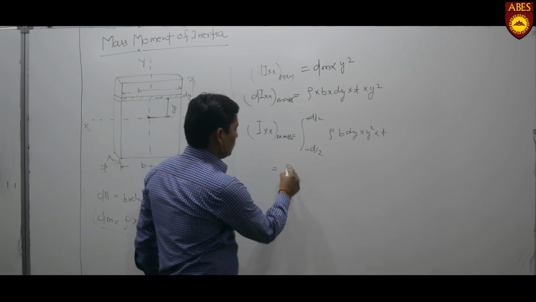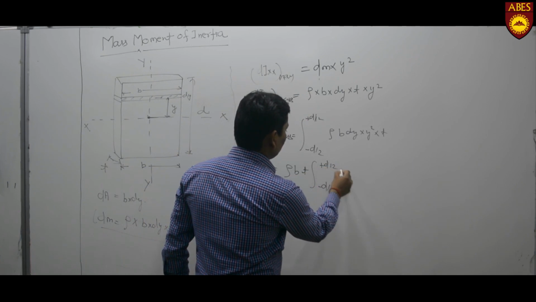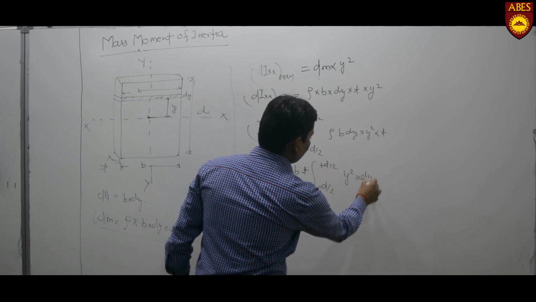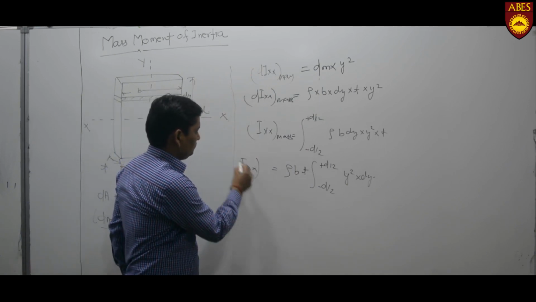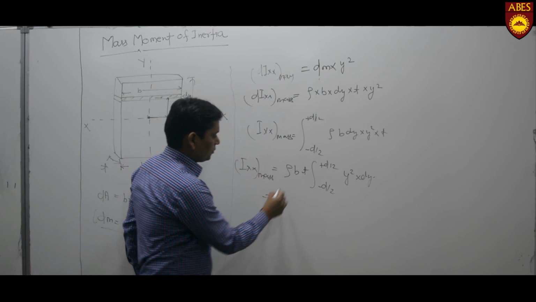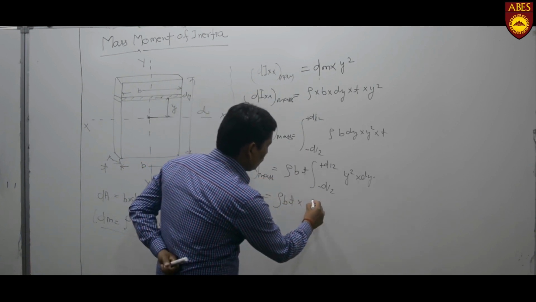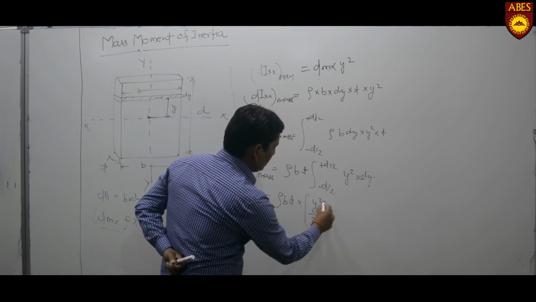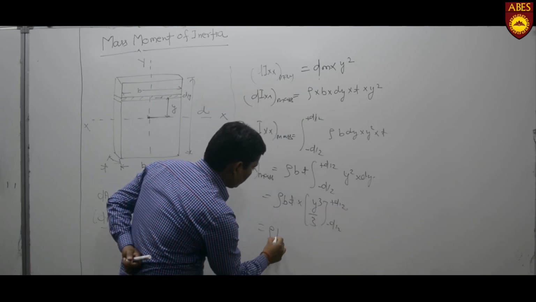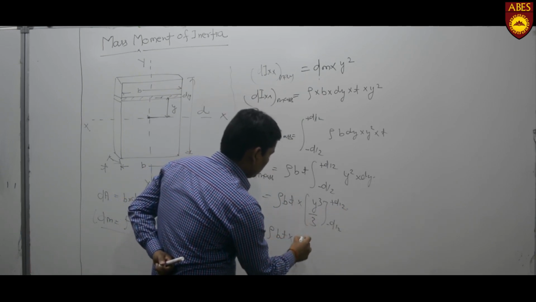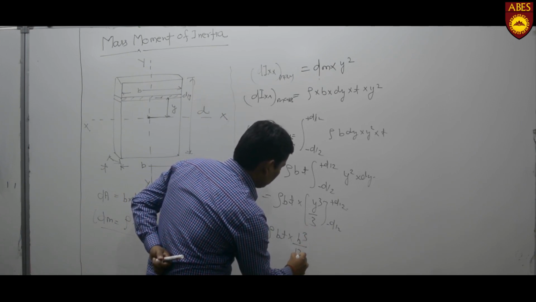Then we can write rho bt integral with limit minus d by 2 to plus d by 2 of y square into dy. Integrating the above equation, rho bt into y cube by 3 with limit minus d by 2 to plus d by 2, then rho bt into d cube by 12.